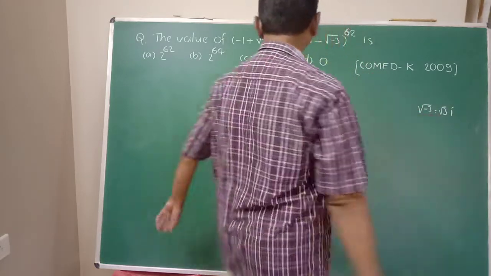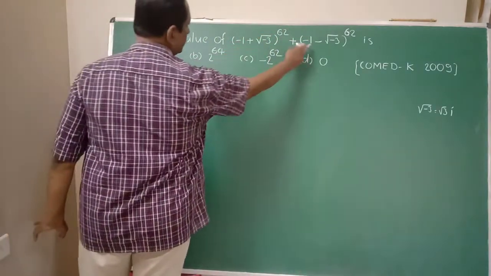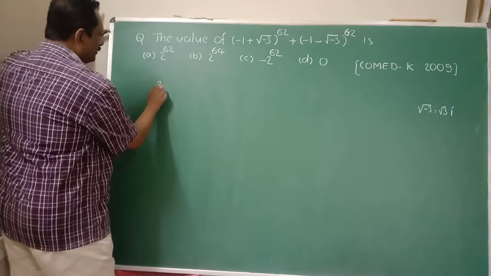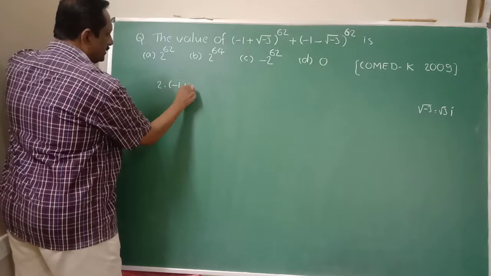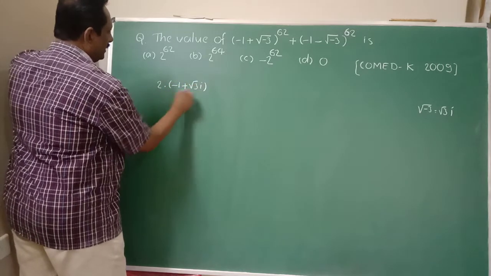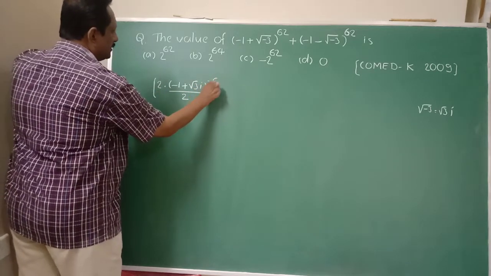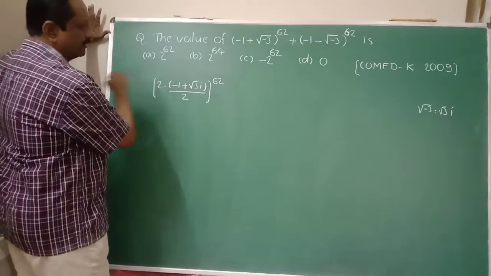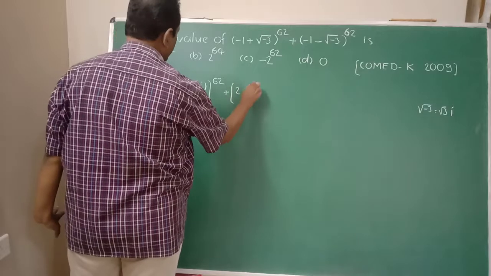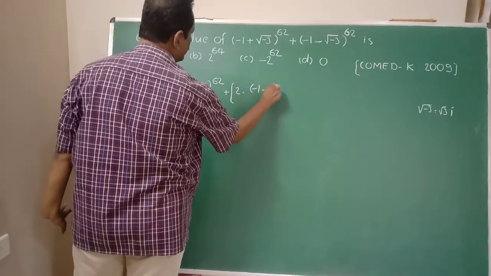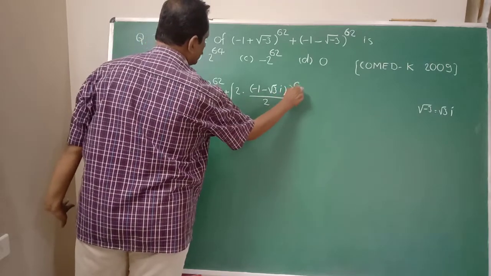Multiplying and dividing by 2, so 2 into minus 1 plus root 3 into i divided by 2 raised to 62. Even here also, multiplying and dividing by 2, minus 1 minus root 3i divided by 2, raised to 62.